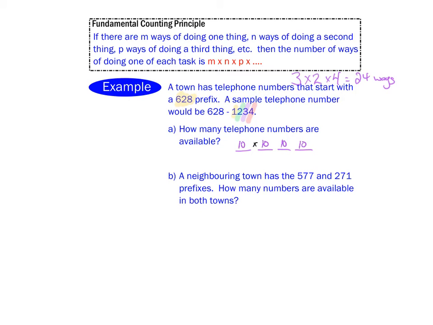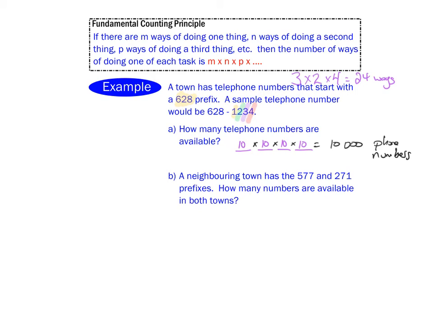So it's going to be 10 times 10 times 10 times 10, which is 10,000 phone numbers. So the town can have up to 10,000 phone numbers. Okay?